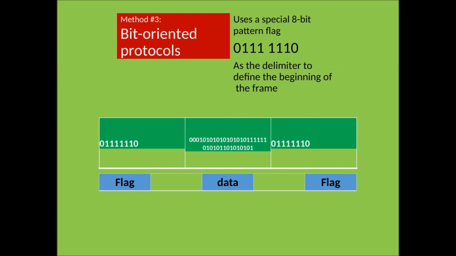Data is transmitted in the form of a continuous bit stream, and it is differentiated by a flag, which indicates the start of data, and after that another flag, which indicates the end of the data. So in bit oriented protocol, a simple flag of 8 bits is used, and this flag has a predefined pattern of bit stream.